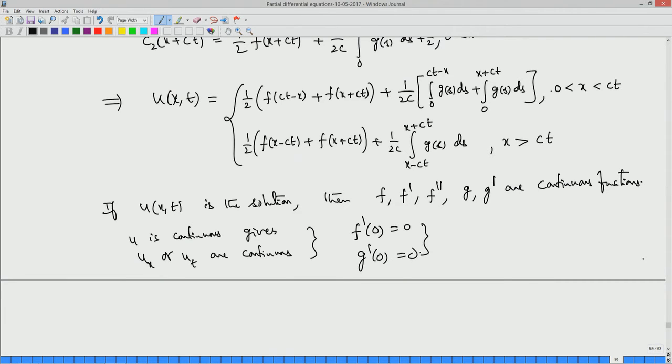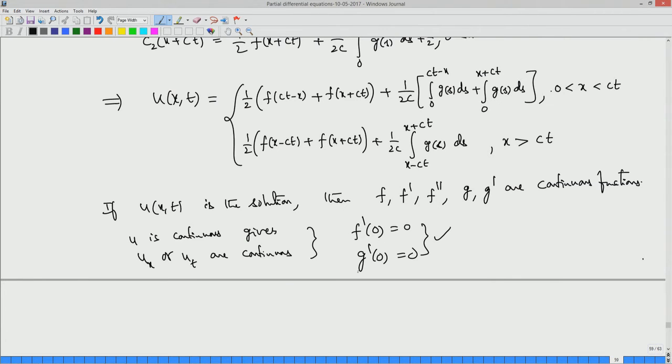So, these are the conditions we used by extending the domain from 0 to infinity as an even extension. You extended the domain to minus infinity and made use of the D'Alembert solution for the full real line. In that case when you extend as an even function, these are satisfied automatically.